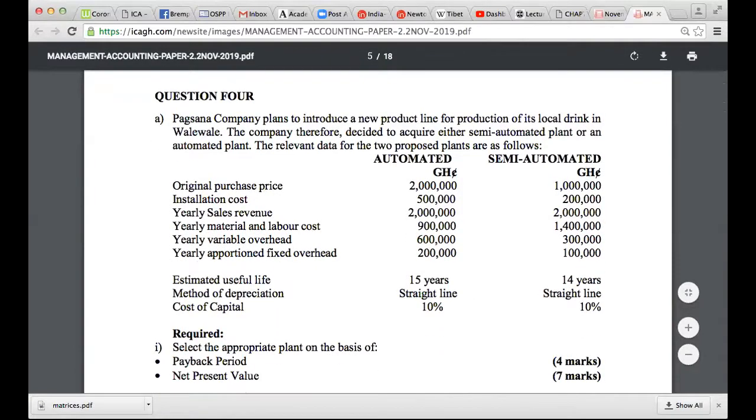So you are to select the appropriate plans on the basis of payback and net present value. I want on the basis of what? I want on the basis of payback and accounting rate of return.